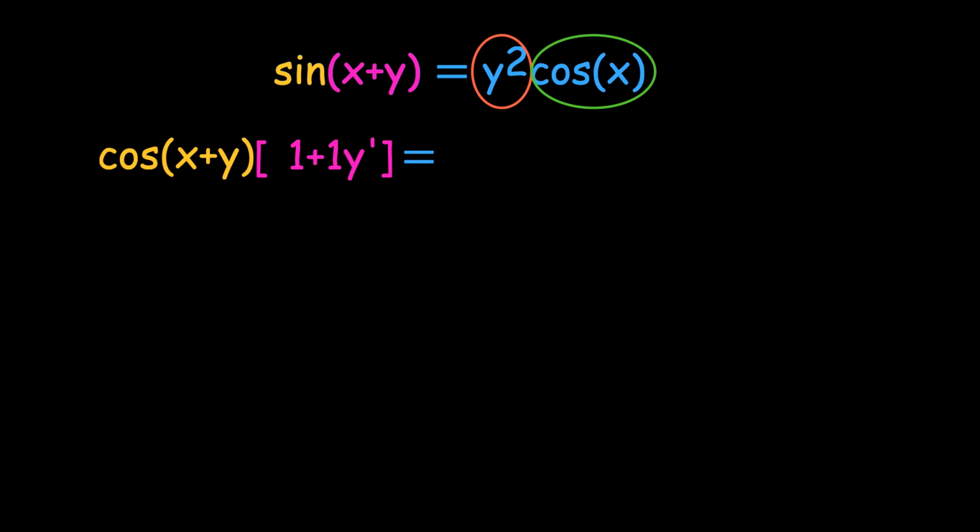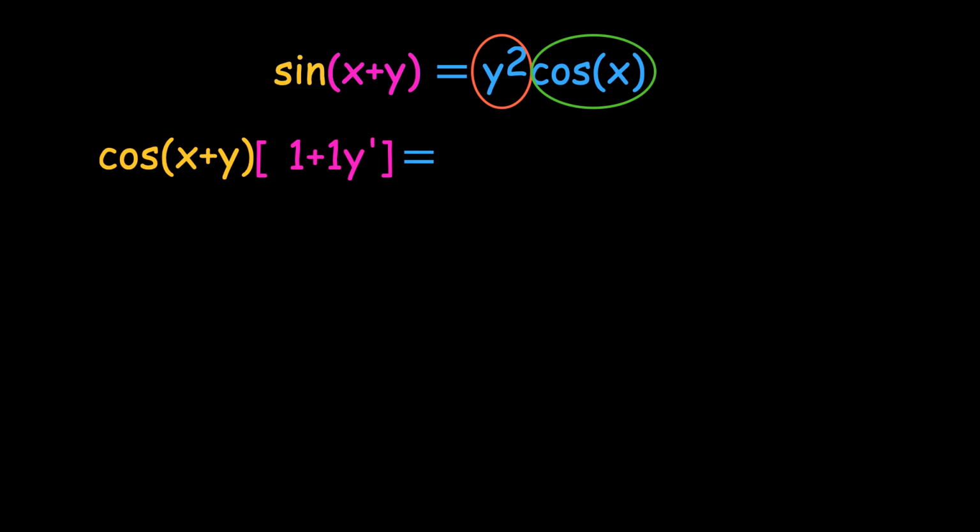So the first factor of y squared cosine of angle x is y squared. So we need to get the derivative of its first factor, multiply to its second factor, which is cosine of angle x, plus the derivative of cosine of angle x, multiply to its first factor, which is y squared.